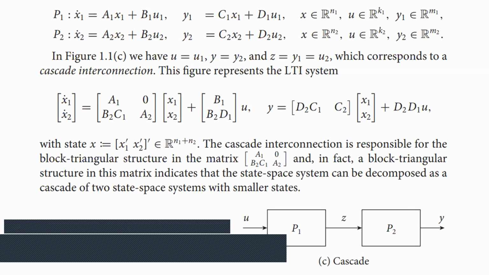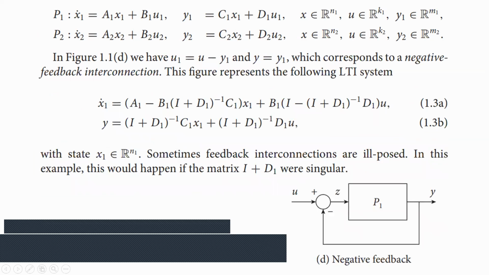Now the another case we have discussed is related with the negative feedback. Okay. So in the negative feedback case, we have some different type of equation. In this case, we have U1, which is actually a subtraction of U minus Y1 here, because U is coming in from the positive and Y is coming from the negative.